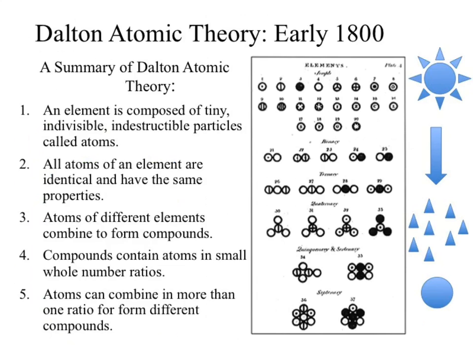The next thing he said is that all atoms within an element have the exact same properties. So we can change it from one place to another, but it's always going to have the same properties. Is that true? That one's a little bit harder. Turns out, no, that's also not true. We've actually talked about an example. What happens when you take sodium metal and you throw it into water?